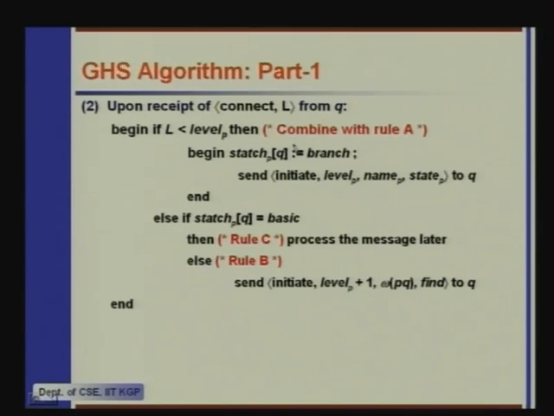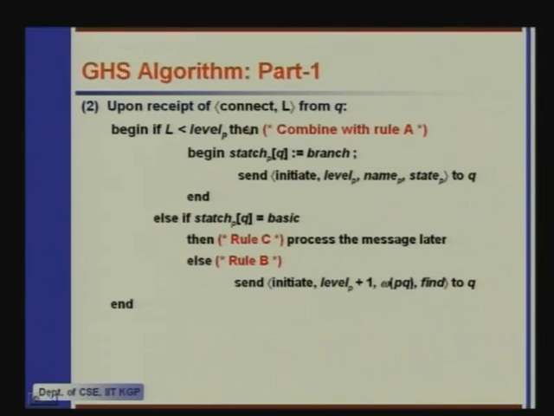So, by rule A we allow that, and therefore, the process P declares the link from P to Q as a branch node of the tree, and then sends an initiate message to Q, and the role of this initiate message is to reorient the parent pointers of all the nodes in the fragment of P to point to the core edge of the fragment to which this P belongs.